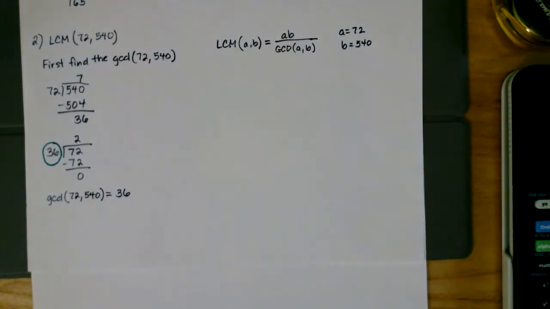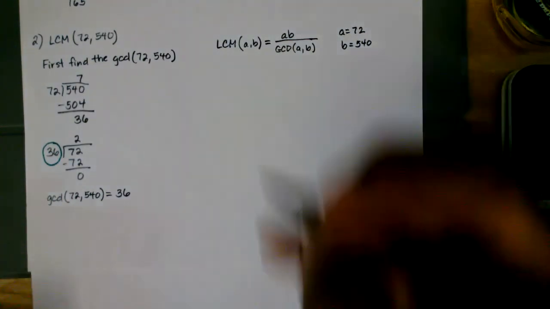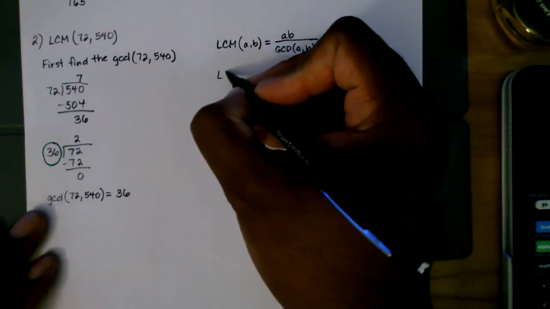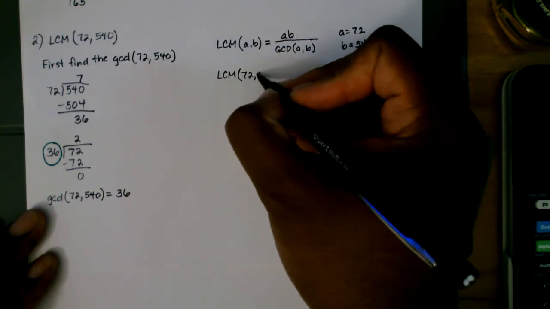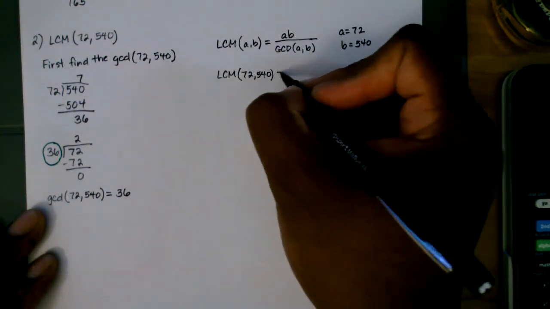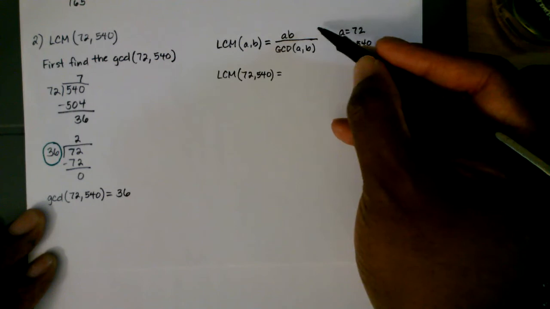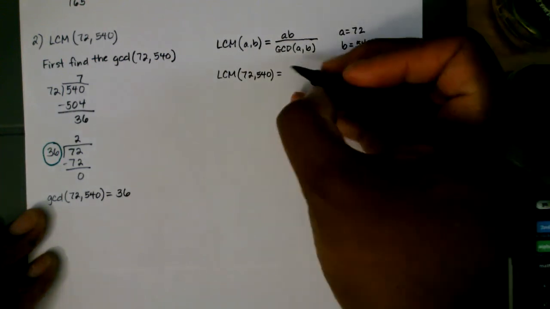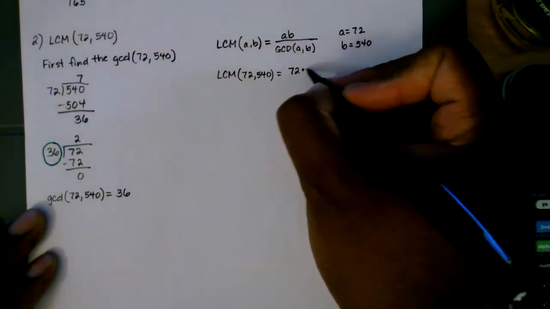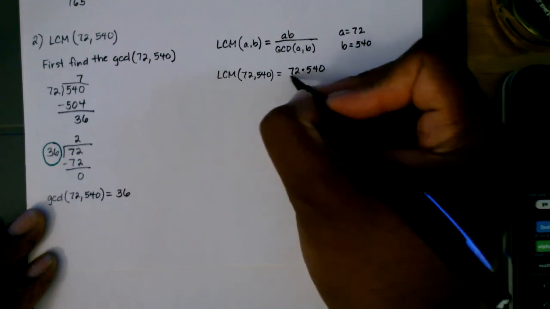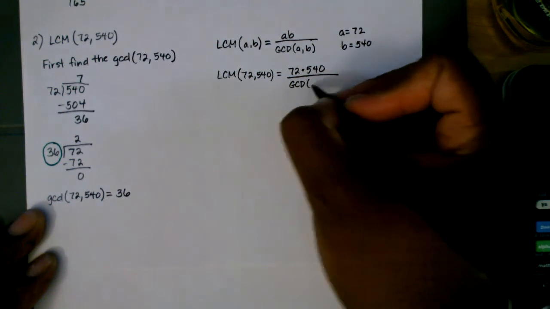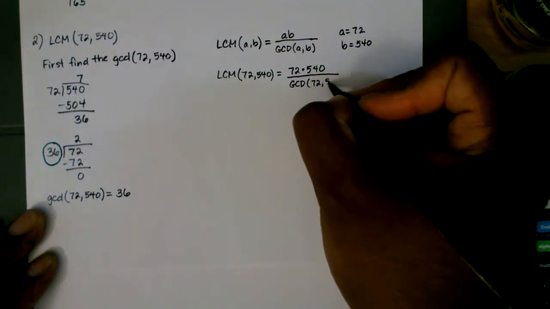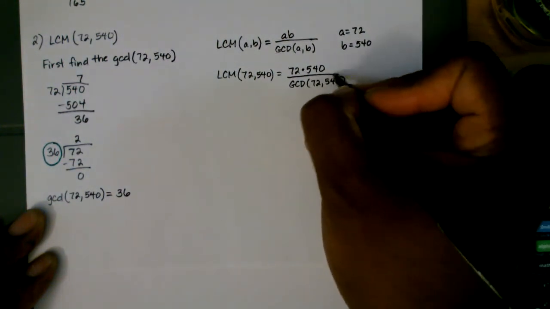Okay. So now the LCM, or the least common multiple of 72 and 540, will be equal to A times B. That's 72 times 540 divided by the GCD of 72 and 540.